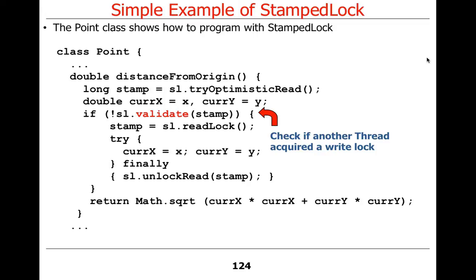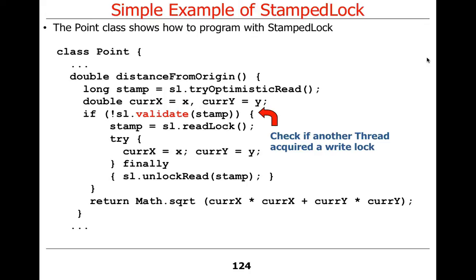What happens now is we have to see, did anybody come along and try to change the state by acquiring the lock for writing? Here's where there's an important difference between a library-based solution and a programming language-based solution. In this particular case, we really don't know whether anybody changed x and y.